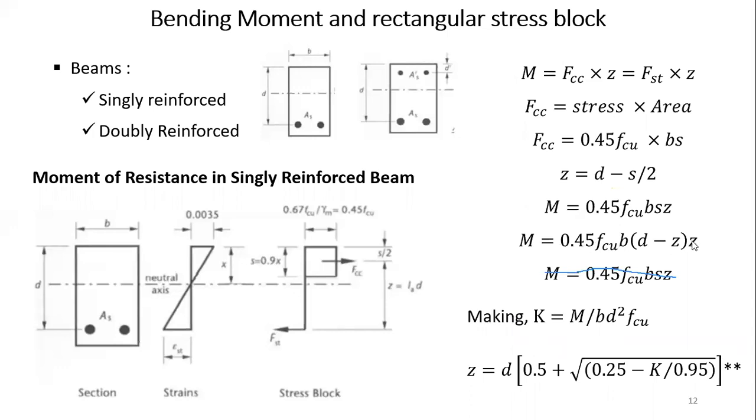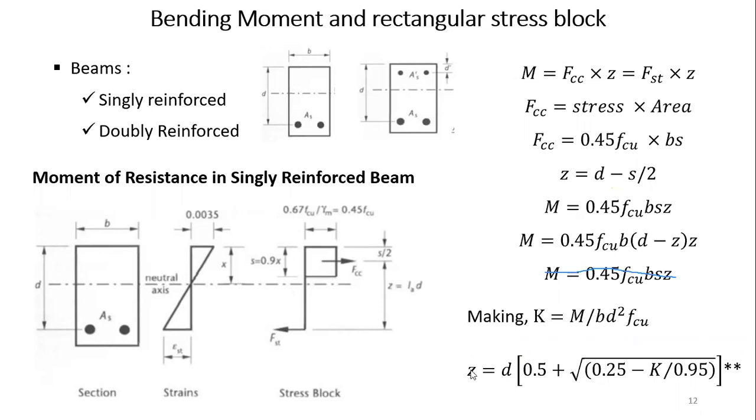If you open this bracket up, instead of putting Z here, you put the value of D minus S over 2 there. And then you do your analysis, assuming K is equal to M over B D squared FCU, and you do the rearrangement. This is mathematics.